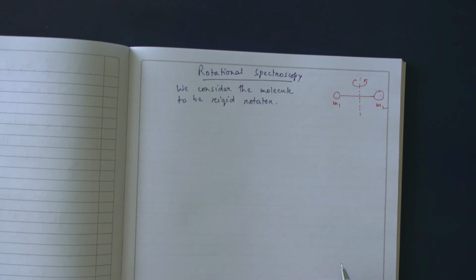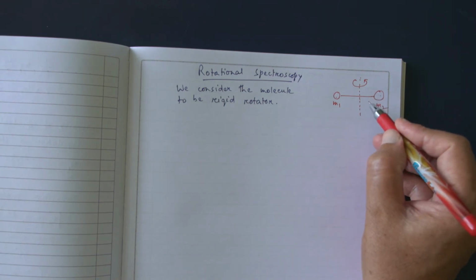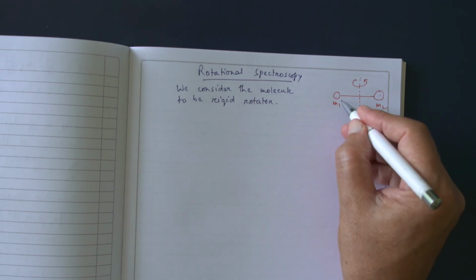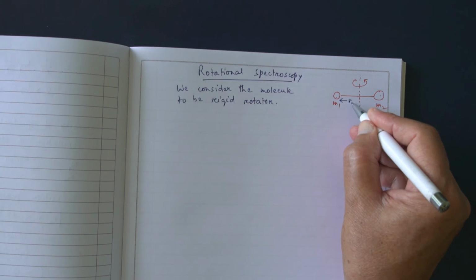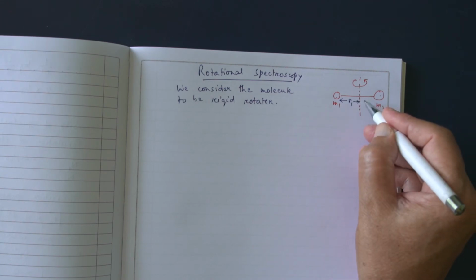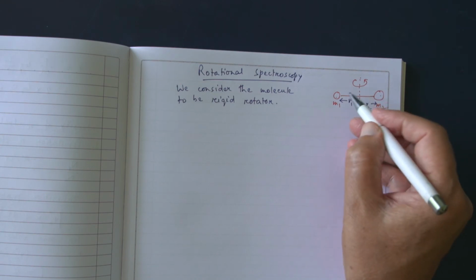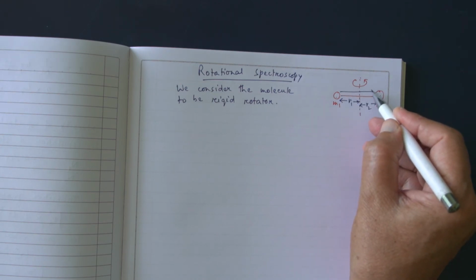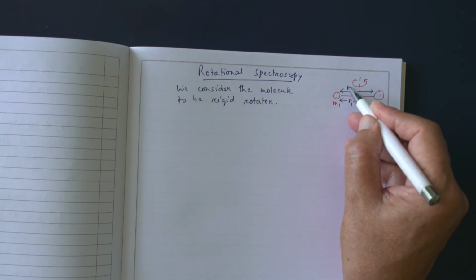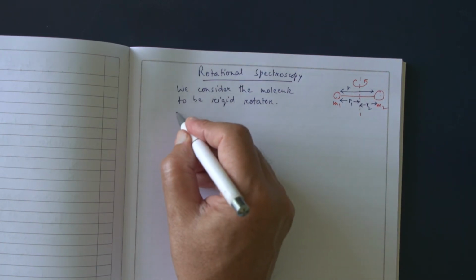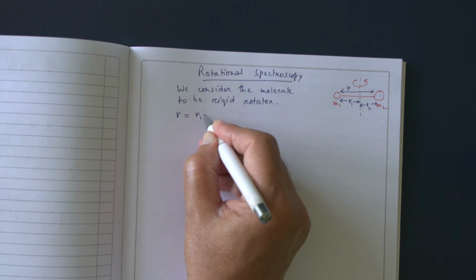So this distance is R1, this distance is R2, and this distance is R. Obviously R equals R1 plus R2.